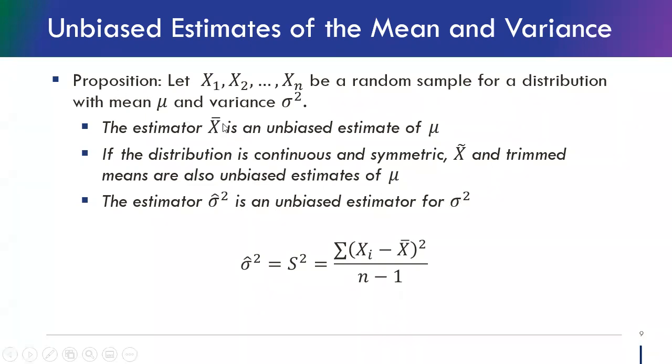These two are the unbiased estimates for these two. Actually, for x tilde, if the distribution of x is continuous and symmetric, you can also use the median as an estimate. It's also an unbiased estimate of mu. So a parameter could have multiple unbiased estimates. But here we're just talking about x bar and sigma hat square, the sample mean and sample variance.